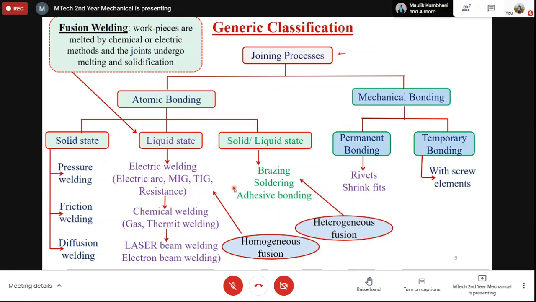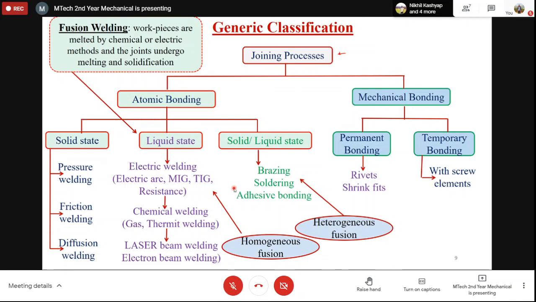We are using some third component, which is an adhesive, and we are applying that adhesive to the joint. That is very cheap compared to these other methods. The strength is not as much as we get from the other methods. The adhesives cannot work in aqueous conditions or at elevated temperature conditions.